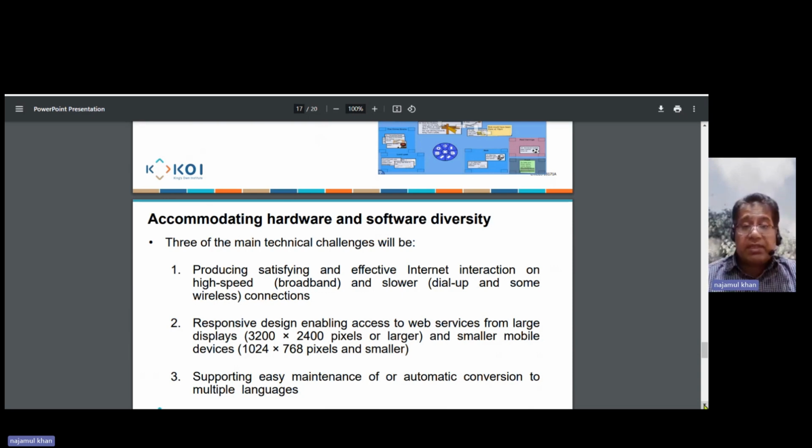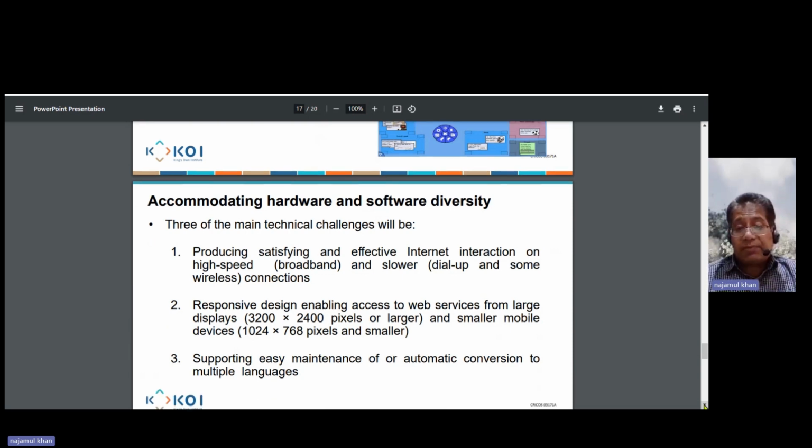Responsive design can enable access to web services from large displays as large as 3200 by 2400, or in some cases even larger. Some smaller mobile devices might have 1024 by 768 pixels and smaller.